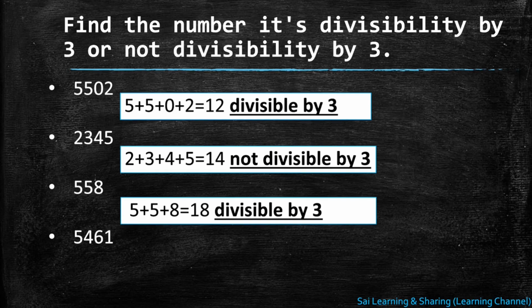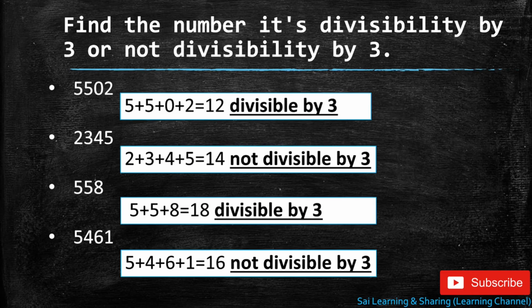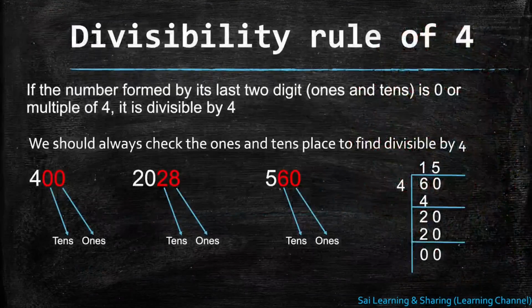Now the last question, the fourth one, 5461. 5 plus 4 plus 6 plus 1 is equal to 16. And 16 is not a multiple of 3. So it is not divisible by 3.